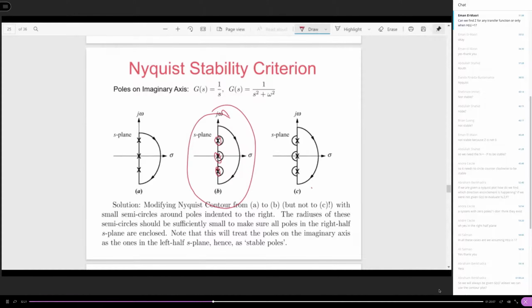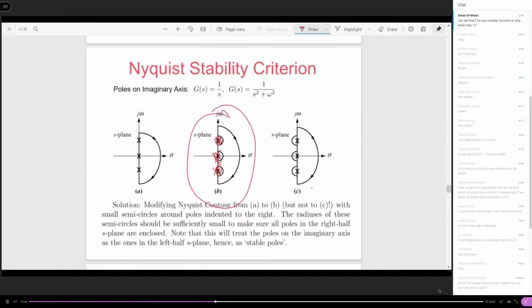We actually treat them as stable ones, because we know the stable ones do not contribute to encirclement, right? So if you evaluate the Nyquist plot based on the modified Nyquist contour, all of those poles on the imaginary axis will not contribute to encirclement around the origin on the G(s) plane. You got my point?